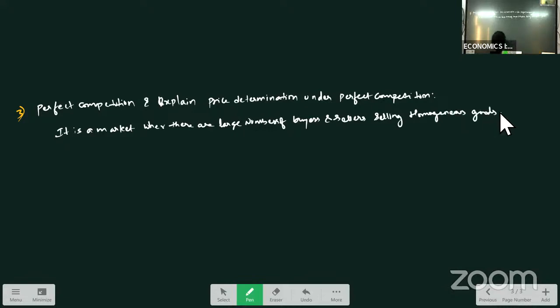So you can see here, what is perfect competition? It is a market where there are a large number of buyers and sellers who sell homogeneous goods. Homogeneous means the same type of goods they are selling.